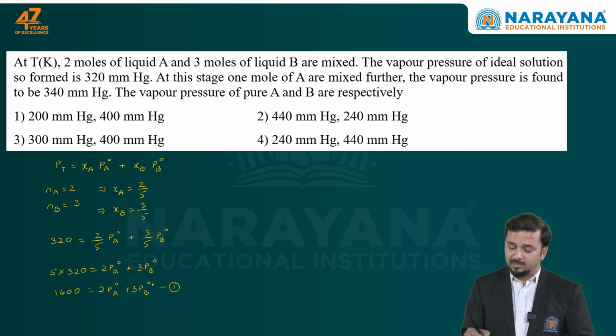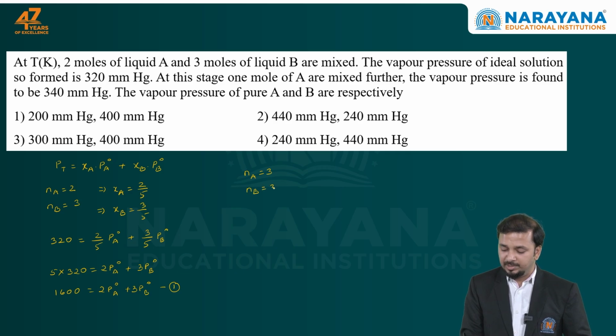Now they are saying 1 mole of A is further added. So now moles of A will become 3 and moles of B is 3 from before itself. So mole fraction of A will become 1 by 2 and mole fraction of B will also become 1 by 2. Now we can write Raoult's law again, Pt is equal to mole fraction of A into Pa naught plus mole fraction of B into PB naught.